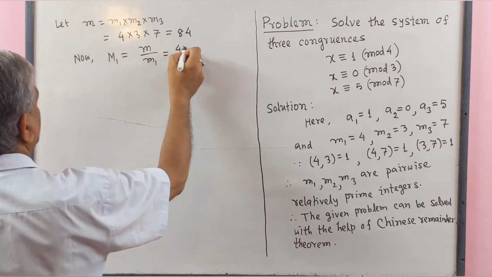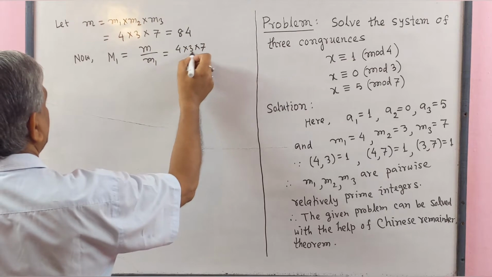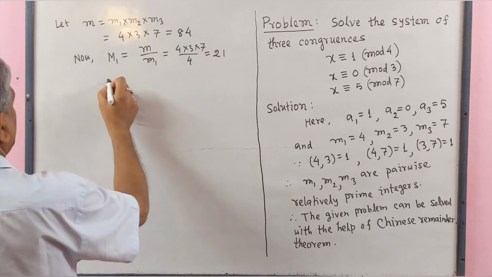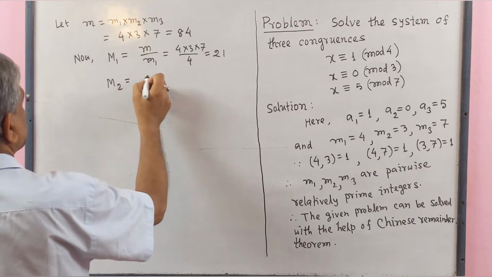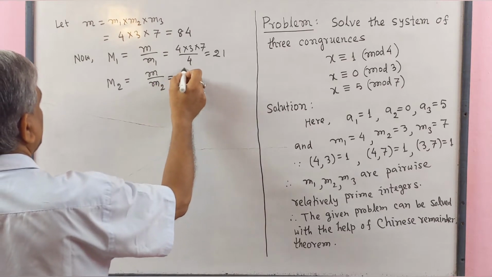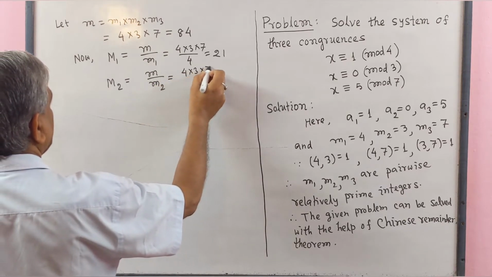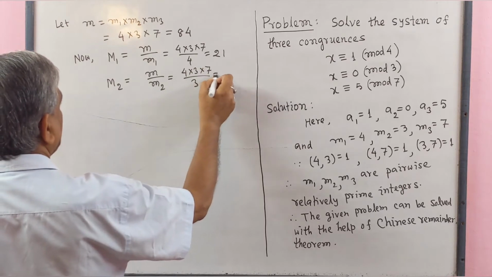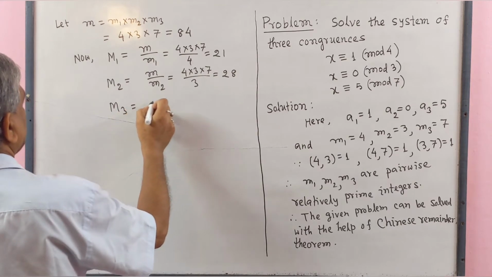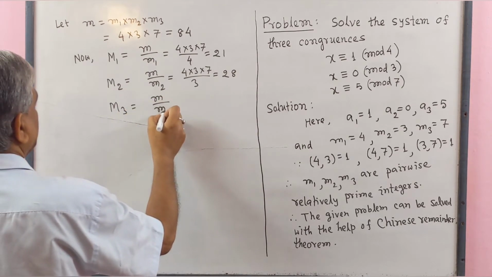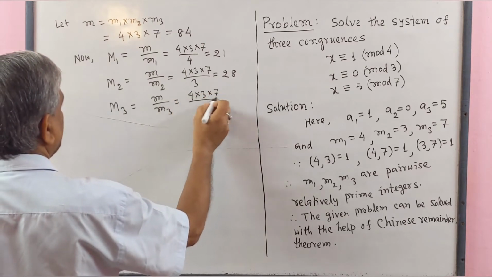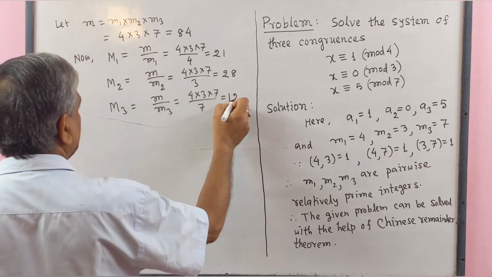This is equal to 4 multiply 3 multiply 7 by 4, means 21. M2 equal to m by m2 equal to 4 multiply 3 multiply 7 by 3 equal to 28. M3 equal to m by m3 equal to 4 multiply 3 multiply 7 by 7 equal to 12.